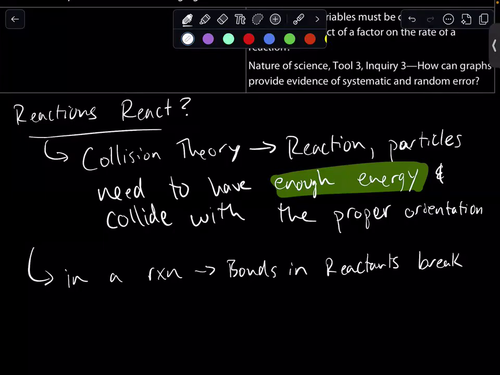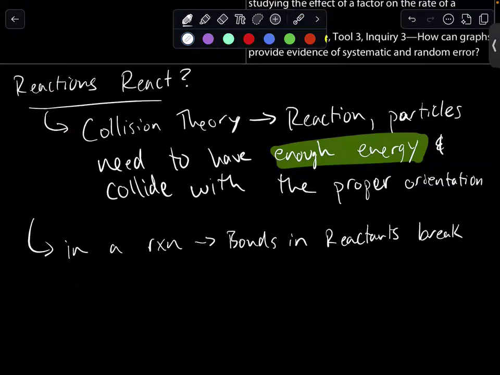We learned that when we talked about enthalpy changes and calculating the changes in enthalpy in a reaction. So bonds in reactants break. Then following that, bonds form in products.